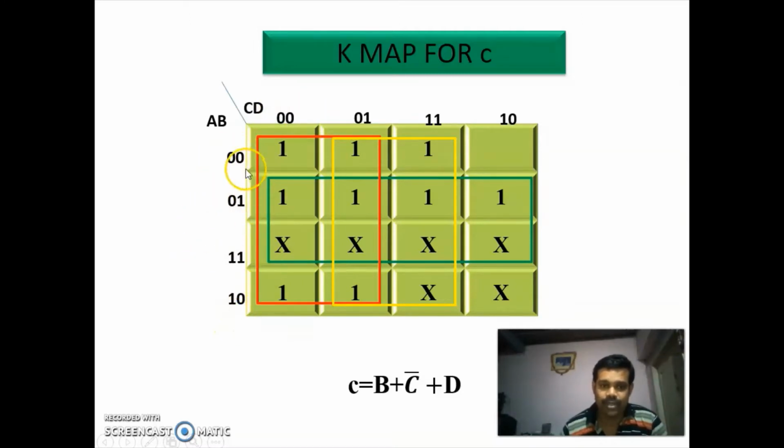In these 4 rows the value of A is changing, similarly B is changing. Only the value of C is not changing, so we have taken C bar. Now the expression for these 8 ones is D. The expression for these 8 ones is B. So we got the expressions for C.